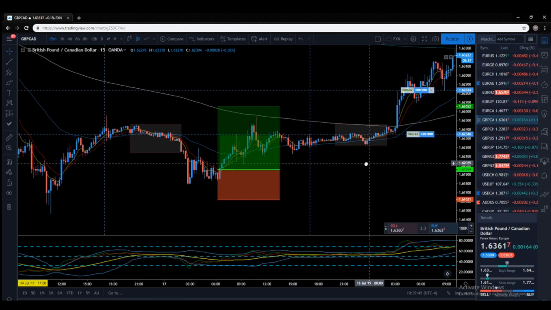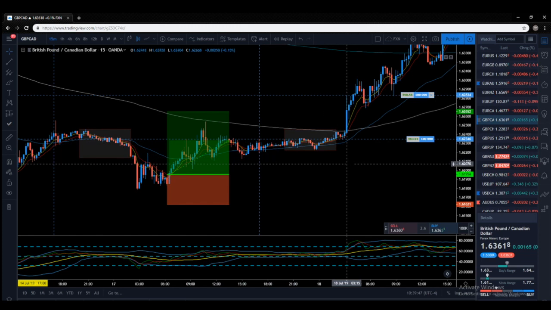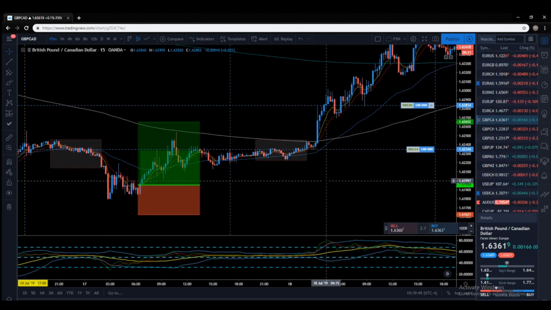Now what happens is, out of this peak formation low, you get the first level, and on the very next day a straightaway trade is possible.